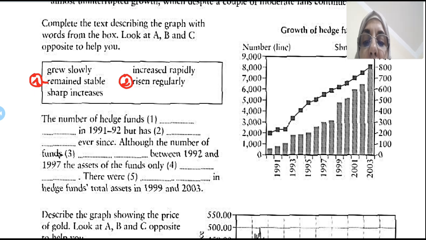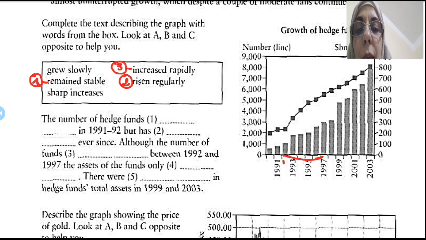Although the number of funds, number 3, number of funds between 1992 and 1997, look at the graph, 1992 and 1997. Although, yes, the funds increased rapidly.